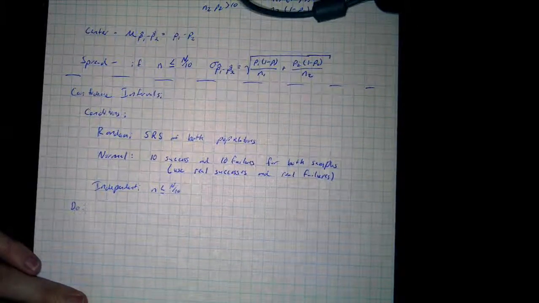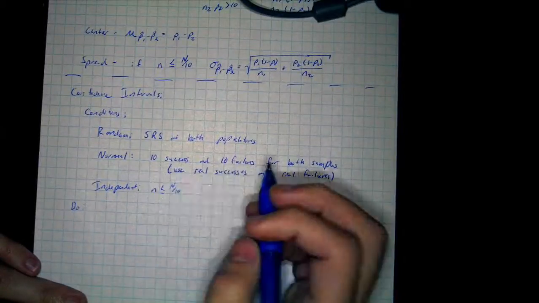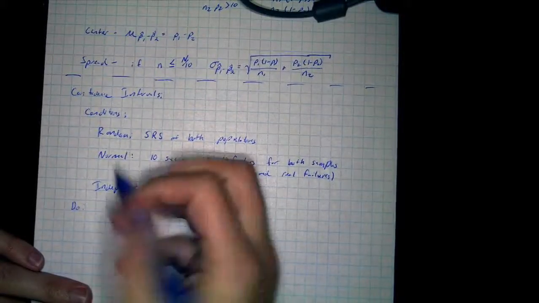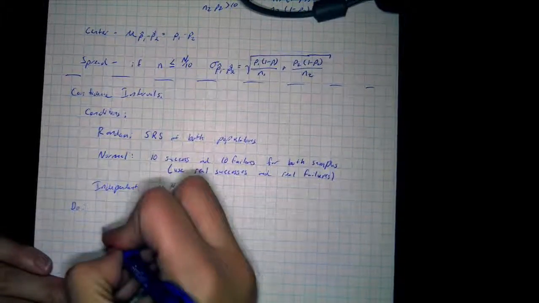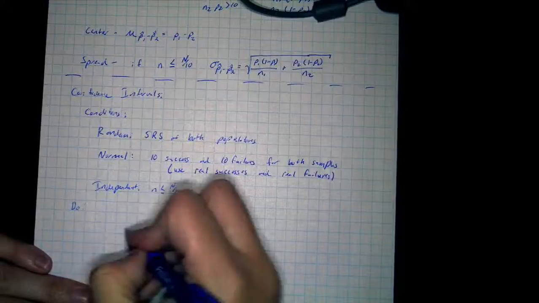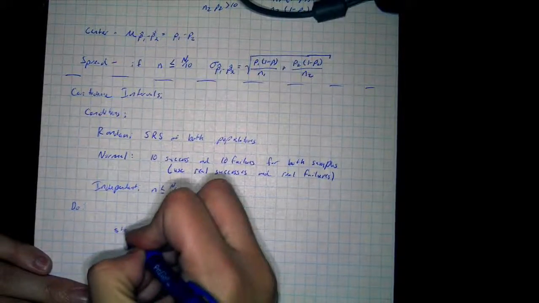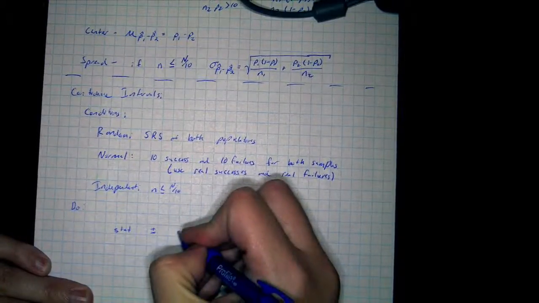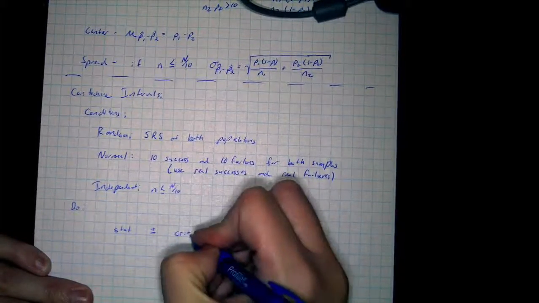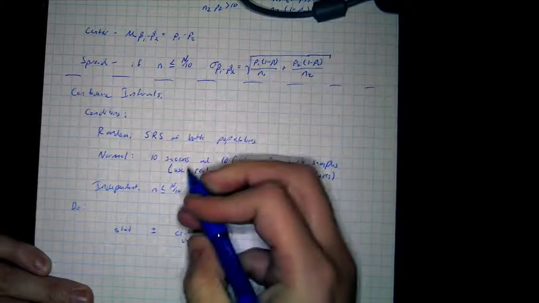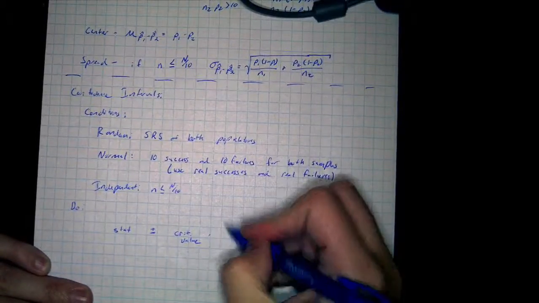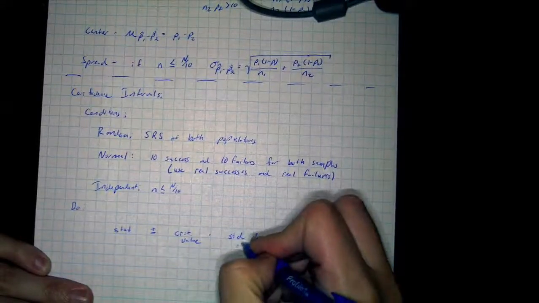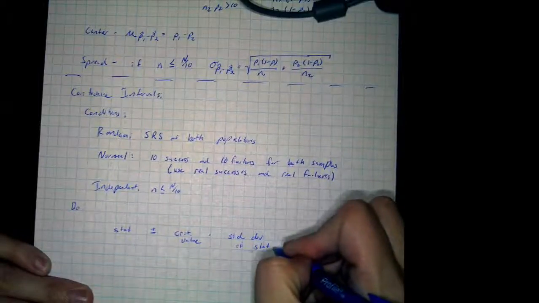Okay, we're going to have our formula. The formula for a confidence interval is going to be this: a statistic plus or minus critical value times standard deviation of statistic.